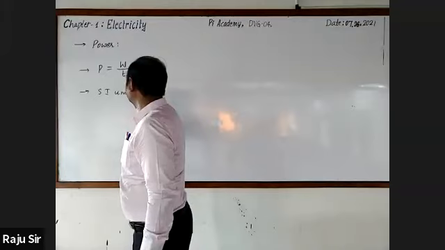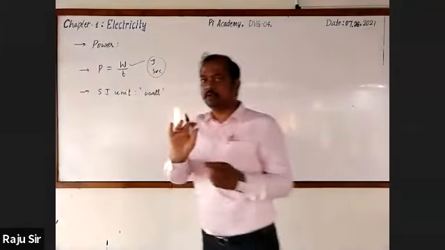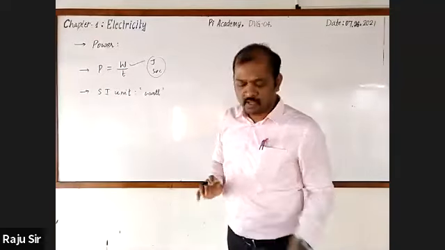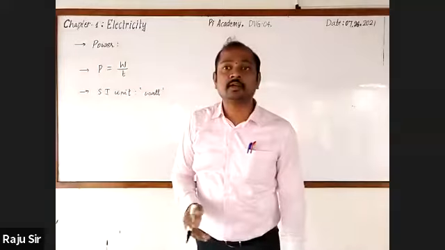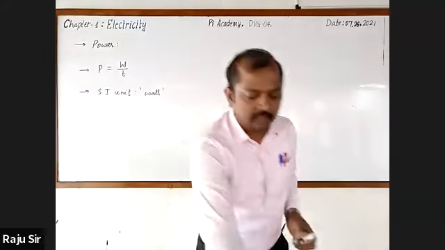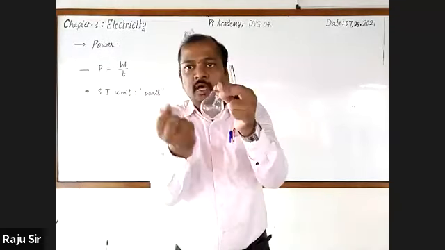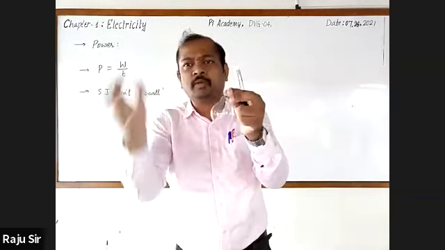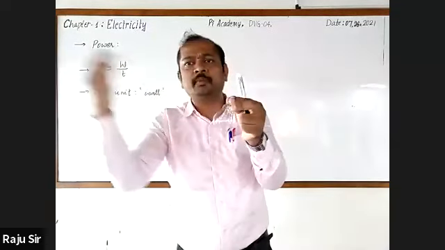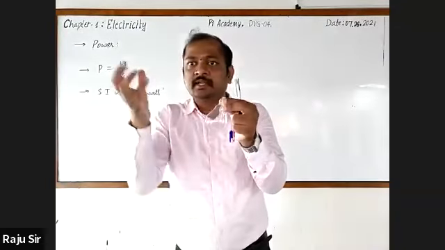Here, the SI unit of power is watt. So this much information you had got in your previous class. And this can also be applied to our electrical components as well. See that here we have an electric bulb. The amount of current drawn by it for every unit time, it may be for 1 second, 1 minute, 1 hour, is different from other electrical components because its capacity is different.